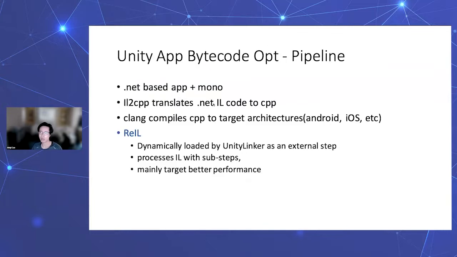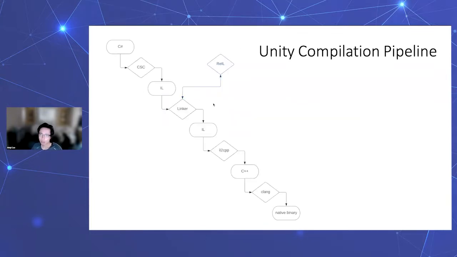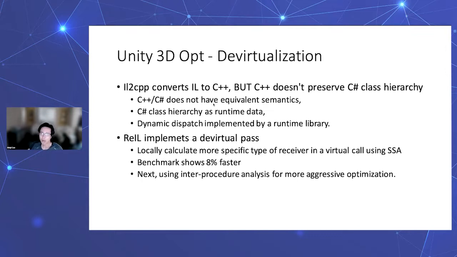Okay, and then I would like to share one pass in this ReIL. It's the devirtualization pass. Devirtualization is a very common optimization strategy for OO languages, because in OO languages there are different ways we can do dynamic dispatching.